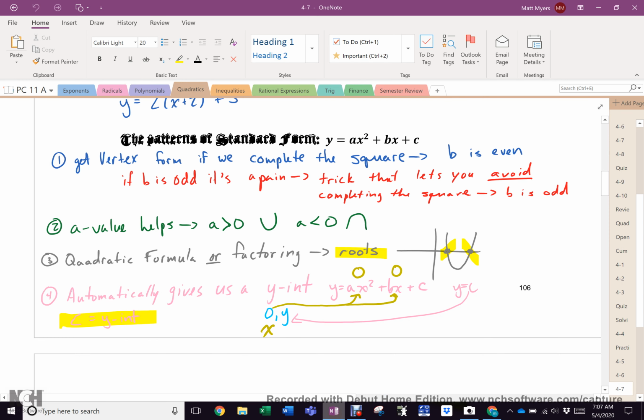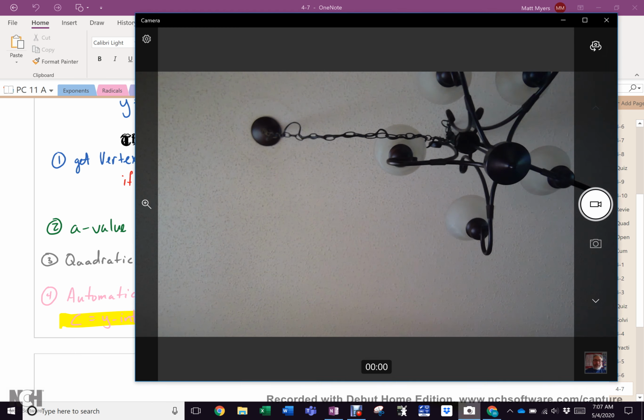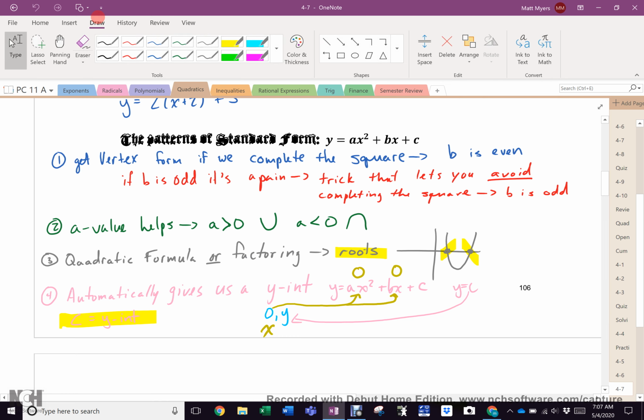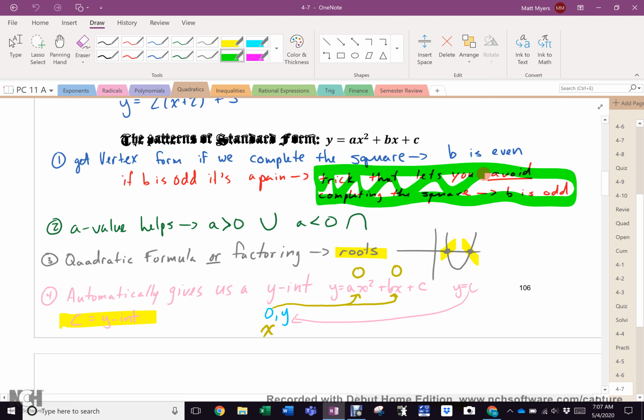So here we are on the bottom of page 106, where I put it all together. What I'm going to make sure we talk about today is this trick right here that I was talking about yesterday, or Friday.